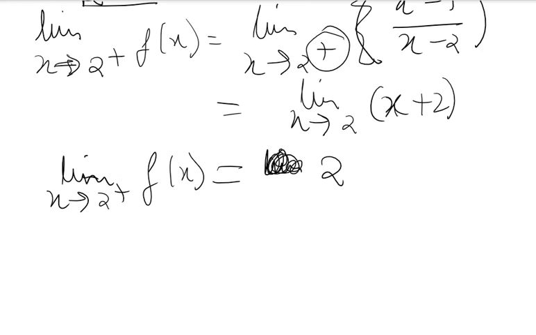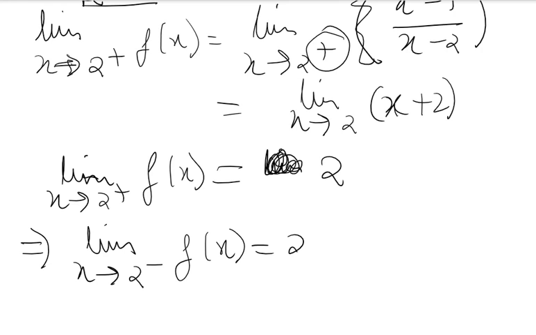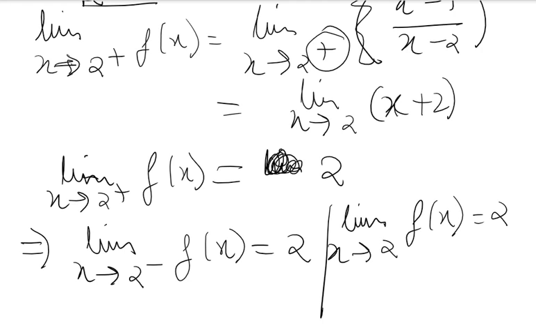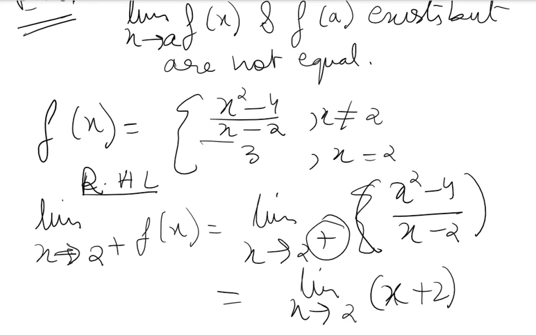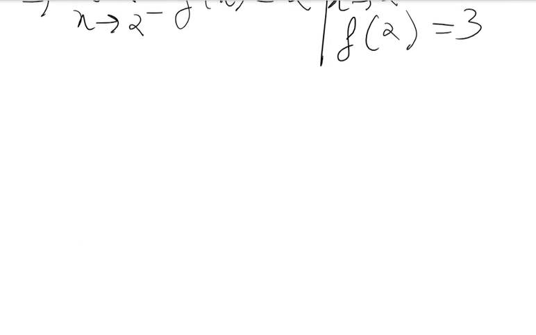Okay, that implies that limit x tends to 2 negative, f of x is again 2. So in general, limit x tends to 2, f of x is 2. But what is f of 2? It is 3. Right. You can see over here f of 2 is given as 3. So what does it mean?